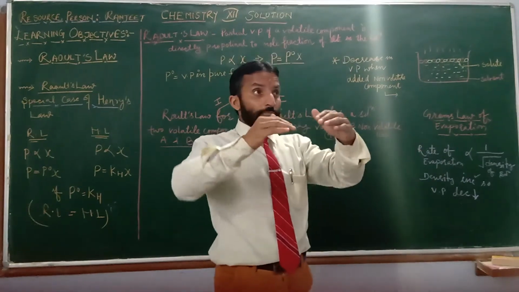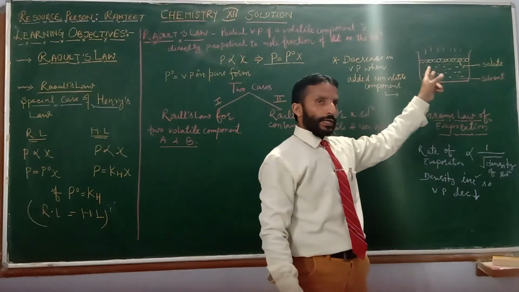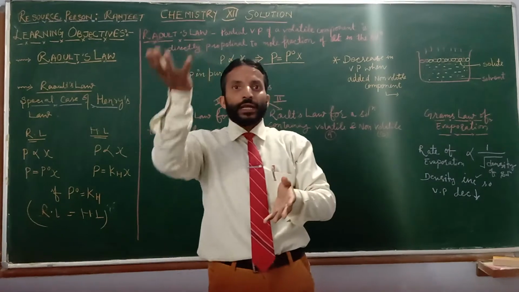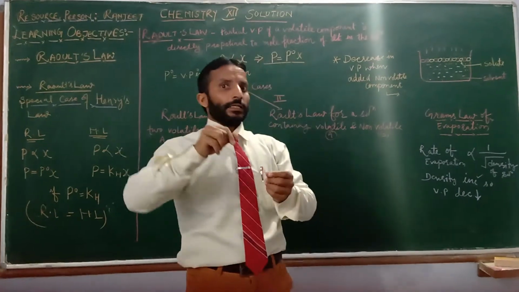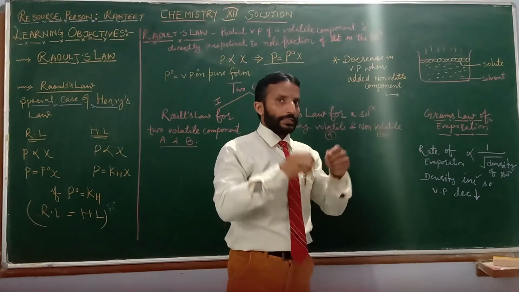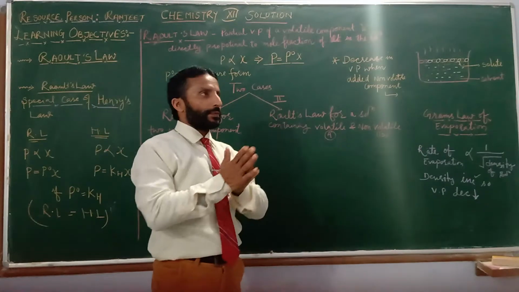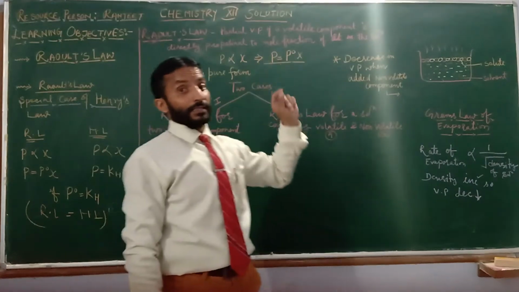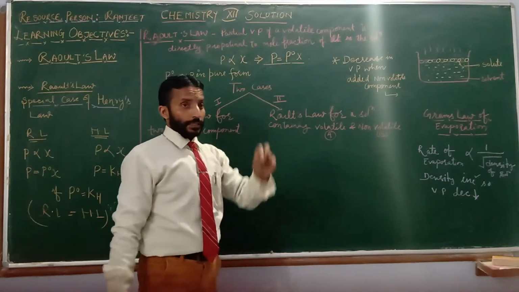And when we close the container, the vapors exert pressure on the wall of the container. That pressure is known as vapor pressure. Now here the term used is partial vapor pressure.